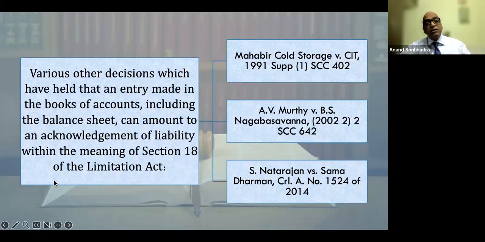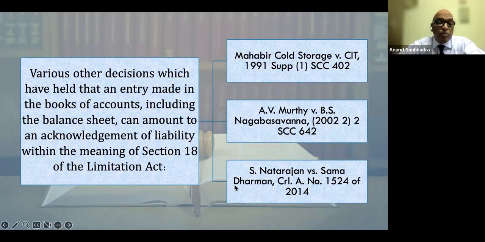There are various other decisions which have held that an entry made in the books of account, including the balance sheet, can amount to an acknowledgement of liability within the meaning of Section 18 of the Limitation Act. Instead of being repetitive, these are some of the cases: Mahavir Cold Storage versus CIT, A.V. Murthy versus B.S. Nagabasavanna, S. Natarajan versus Sama Dharman.